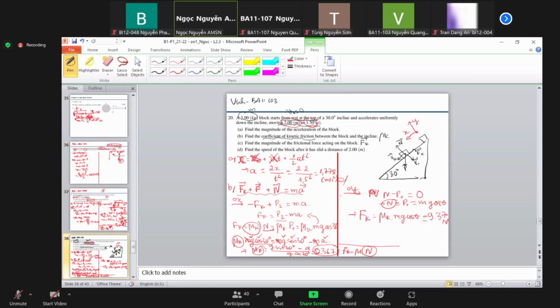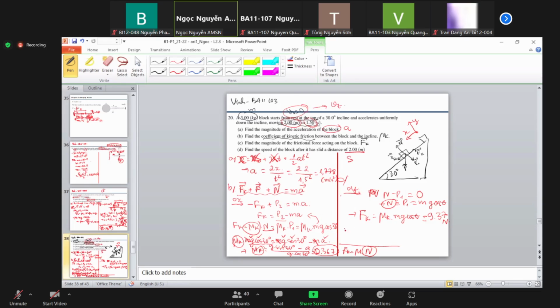How about the last part? The speed of the block is so easy to write, because they give you the distance s. You know the acceleration, you know v0, so it's easy to calculate vt.